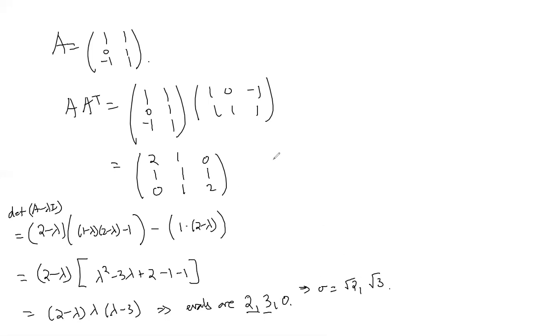And then your eigenvectors, I guess you can find. A minus 2I is 0, 1, 1, minus 1, 1, 0, 1.